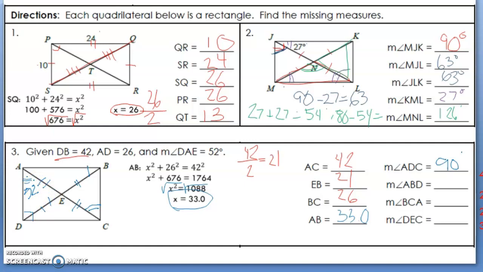So if angle BCE is 52 degrees, so is angle EBC, right here. To find the angle we want, ABD, all we have to do is take 90, the whole right angle, minus 52. And that will tell us that angle ABD is 38 degrees.